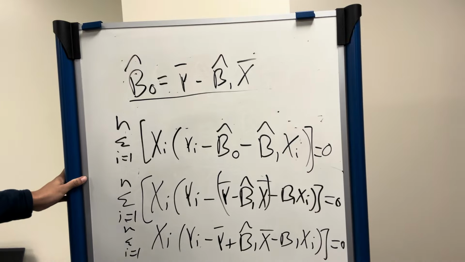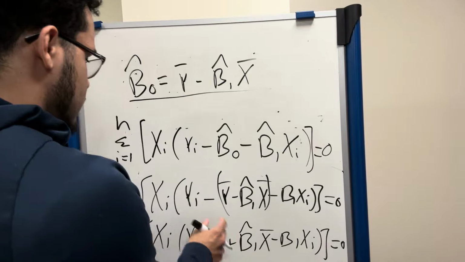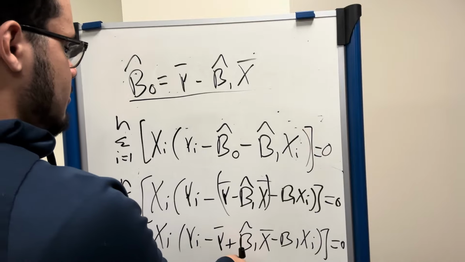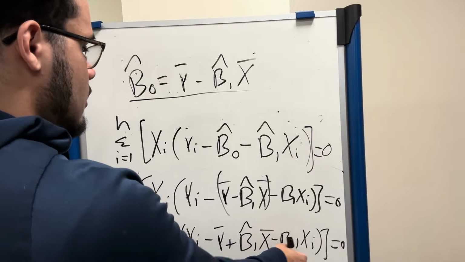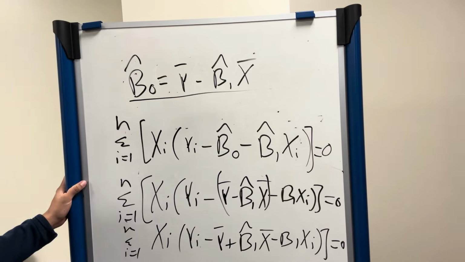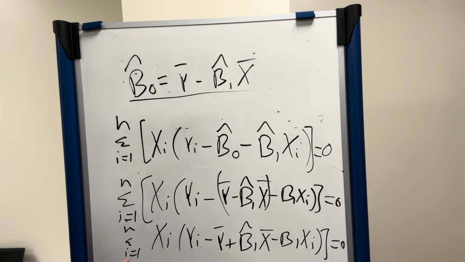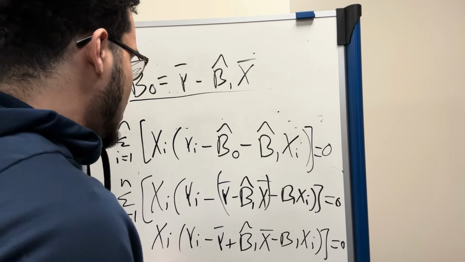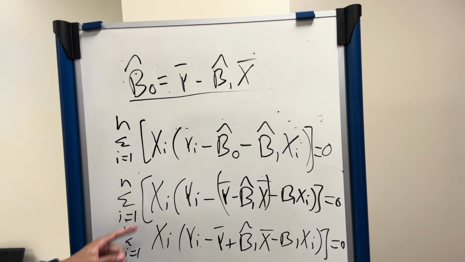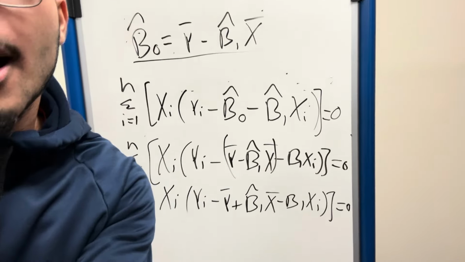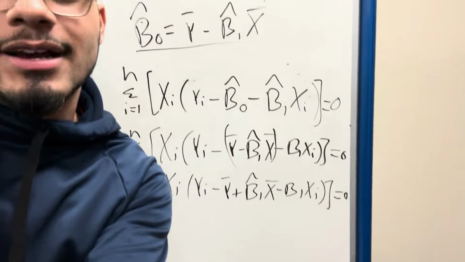So far we have this, right? We've just distributed the negative, so it's negative Y bar plus B1 hat X bar minus B1 XI, right? And the thing is, I could sort of distribute the XI, right? But that would be a big mess. So I have another idea.